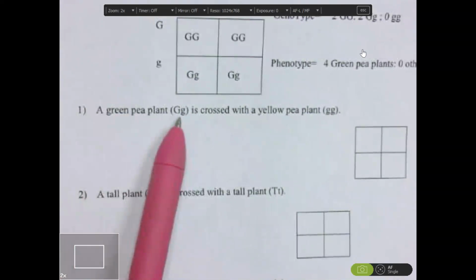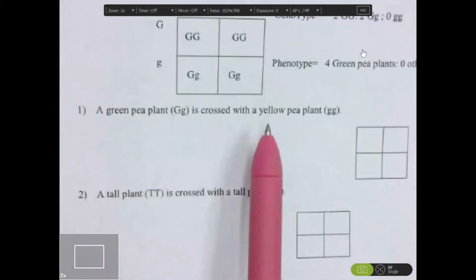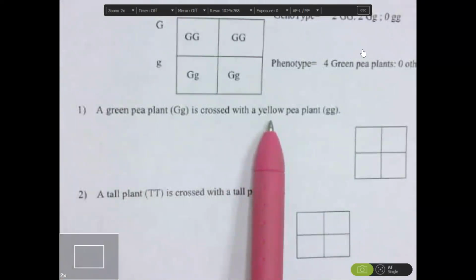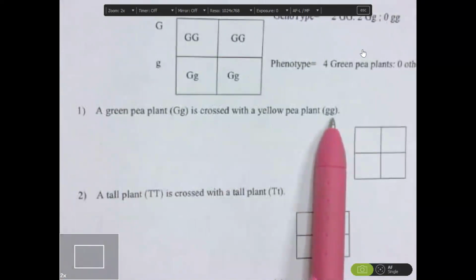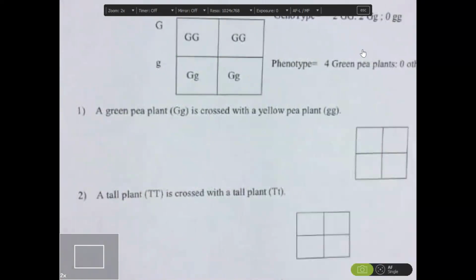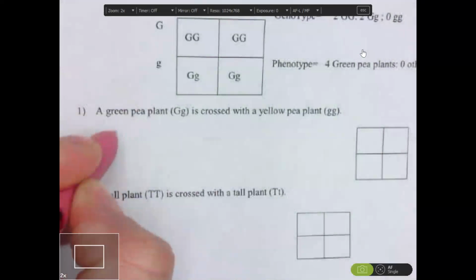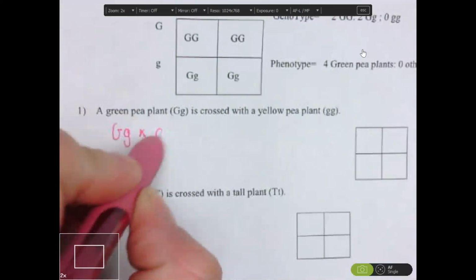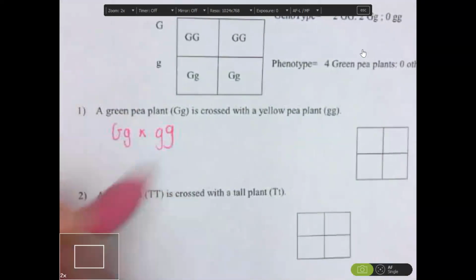And then we have big G, little g, or heterozygous genotype. That's going to be crossed with a yellow plant, so that's its phenotype, and little g, little g, which is its genotype.